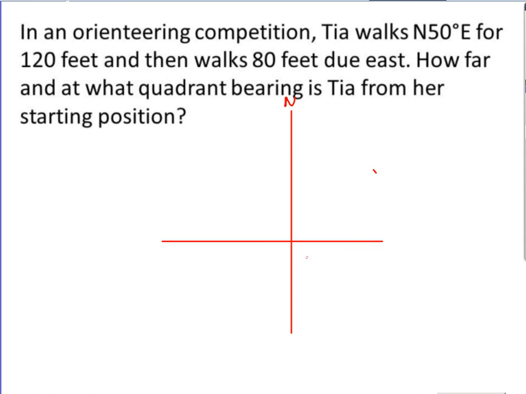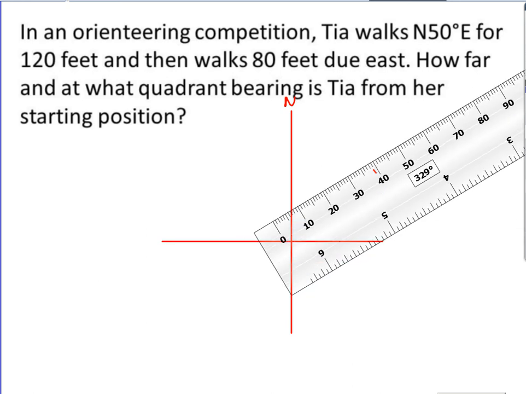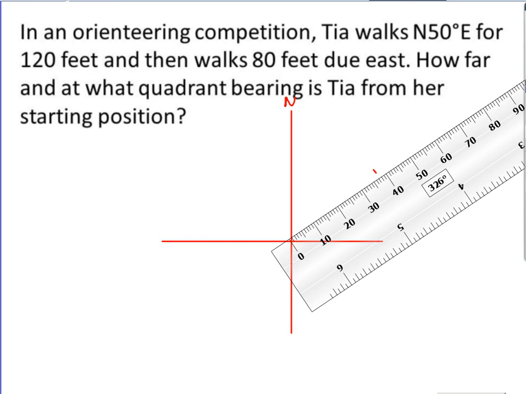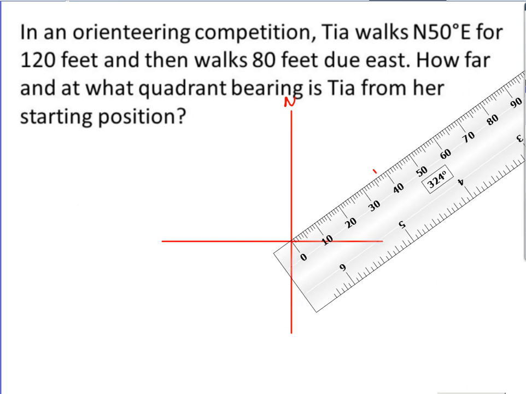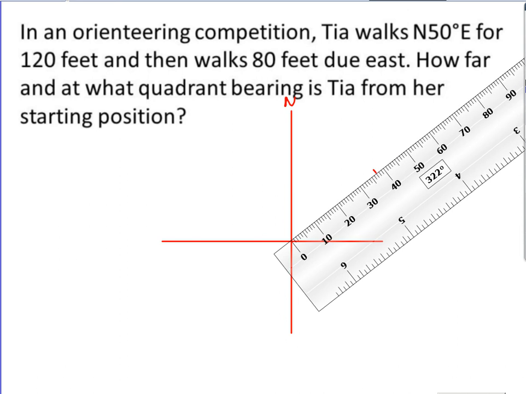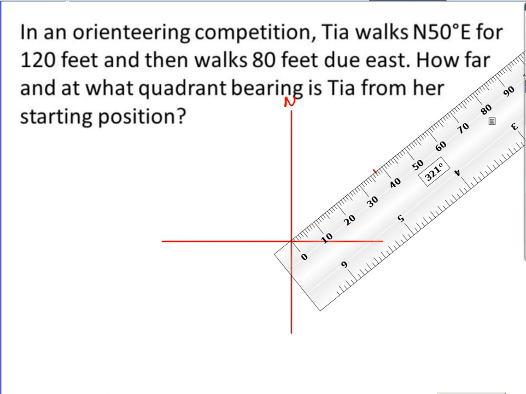Now we need to use a ruler to create our scale. Now we want to come up with a scale that will work for both measurements. Since we have 80 feet and 120 feet, we want to come up with something that divides into both. So 40 divides evenly into both of those values.